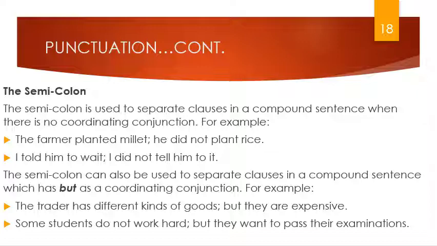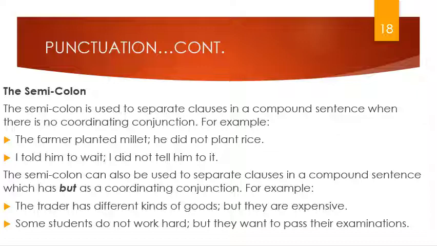conjunction. We know what coordinating conjunction is from our Lecture 1. So when the writer is not using a coordinating conjunction, that is and, or so, a semicolon can be used there.